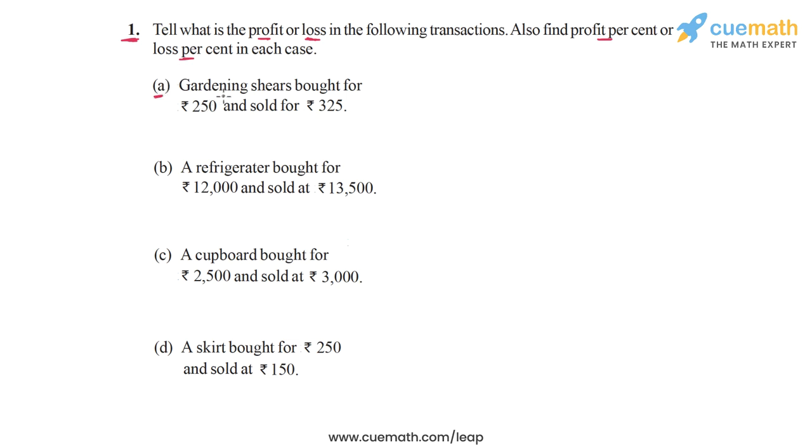Part A says gardening shears bought for rupees 250 and sold for rupees 325. So the cost price of the gardening shears is rupees 250 and the selling price is rupees 325. Because the selling price is greater than the cost price, we see that a profit has been made.